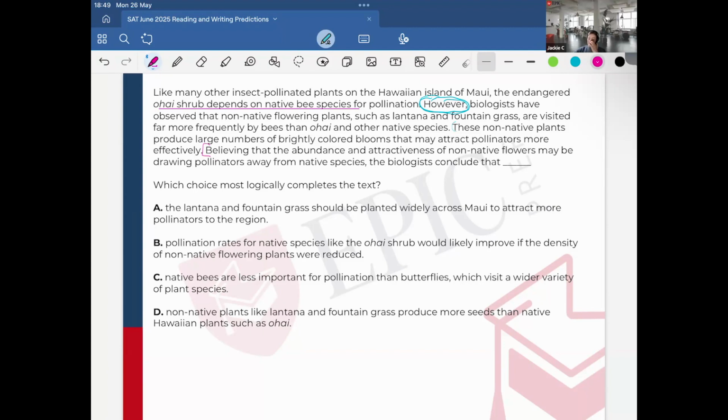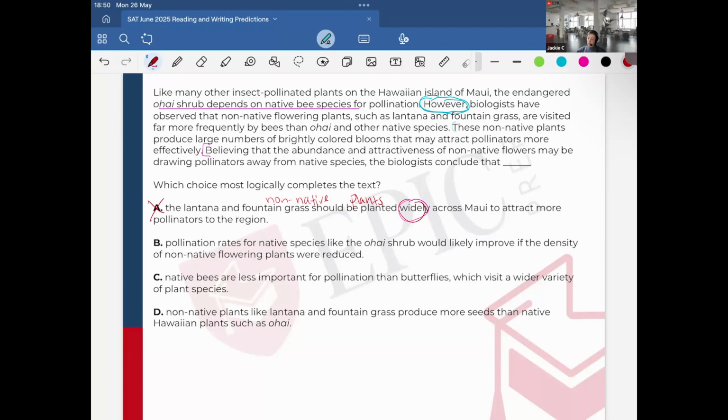Option A, the lantana and fountain grass should be planted widely across Maui to attract more pollinators to the region. But it seems that the problem is that the local Ohia plant is not getting enough pollination. So it doesn't make sense that they would want to put more of the non-native plants. So that seems pretty illogical to me.